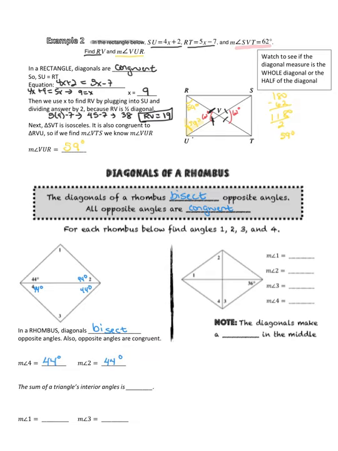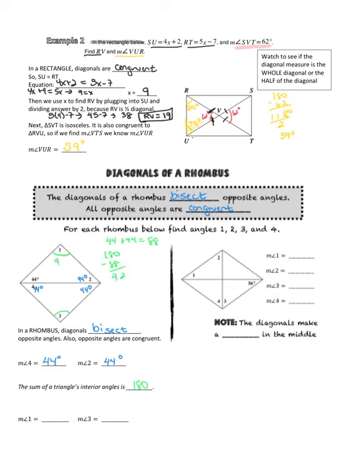Remember the sum of an interior triangle? The sum of the angles of an interior triangle is 180. So here we go. What is 44 plus 44? That's 88. I'm missing one angle here and one angle here. 180 minus 88 is 92 degrees.